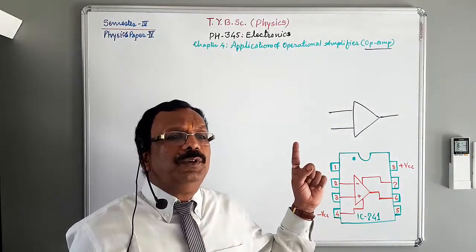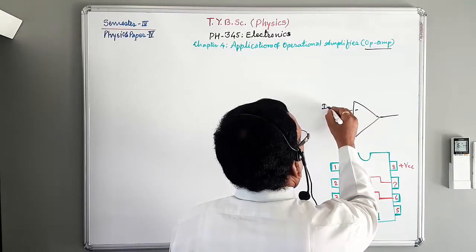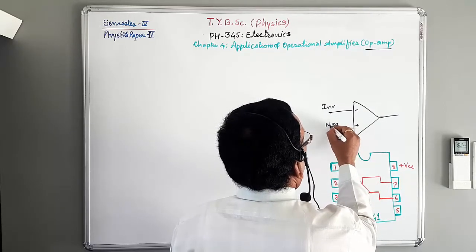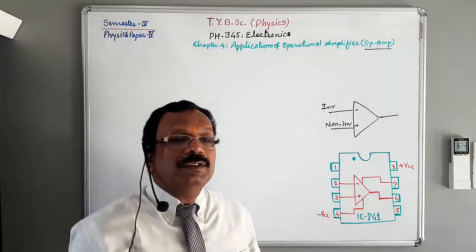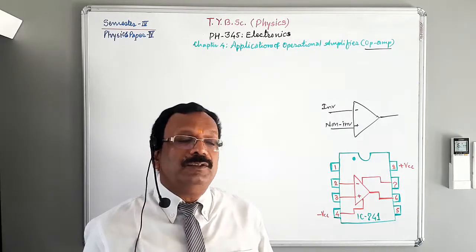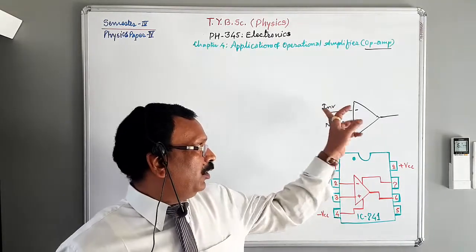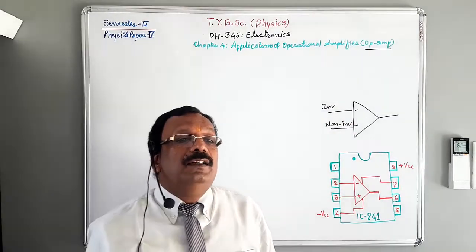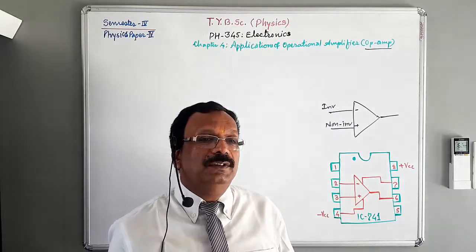Out of these two inputs, one is the inverting input and the other is the non-inverting input. So an OpAmp is a voltage amplifier that usually consists of two input terminals, one inverting and the other non-inverting, and has a single output.